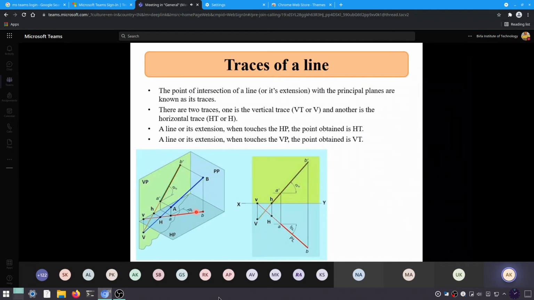Okay, let's see what other knowledge we have. So here there are 2 traces. One is vertical trace and another is horizontal trace. A line or its extension when it touches the HP, the point obtained is the horizontal trace. A line or its extension when it touches the VP, the point obtained is the vertical trace.